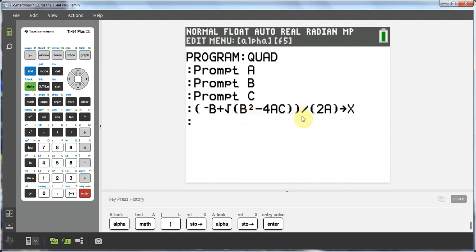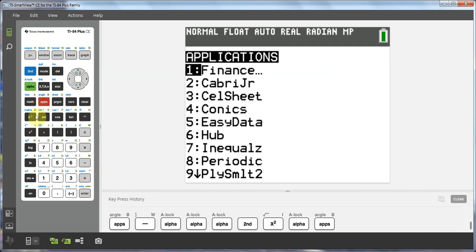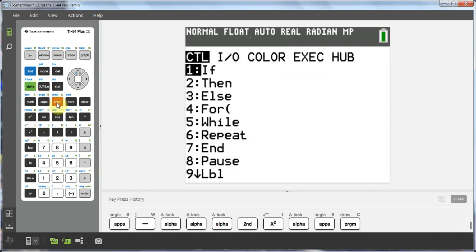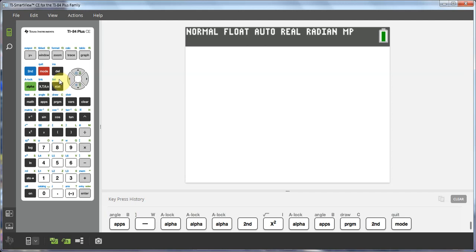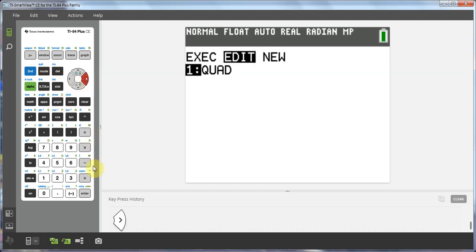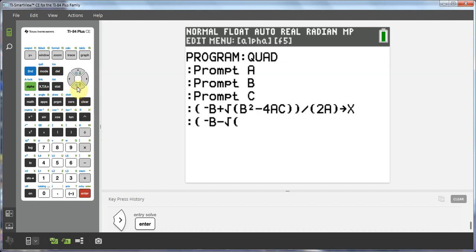And then I'm going to repeat the exact same thing, but we're going to do this for the minus. So opposite of b minus the square root of b squared minus 4ac, all of this over 2a. Sorry about that, I clicked the wrong thing. All right, there we go. Back into it.